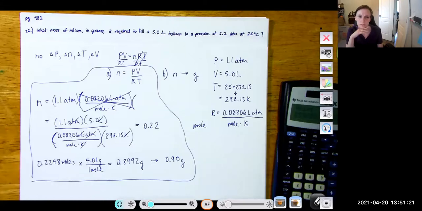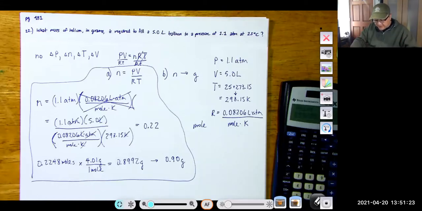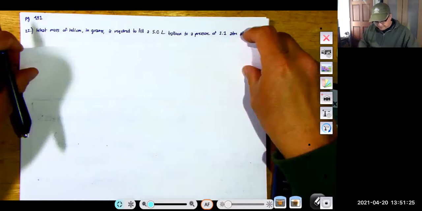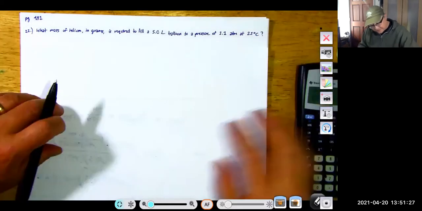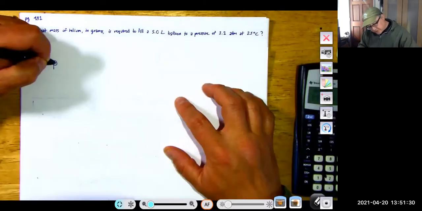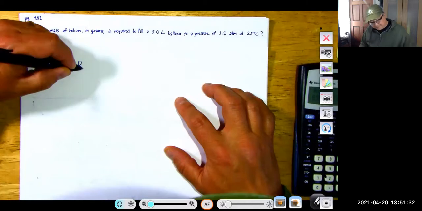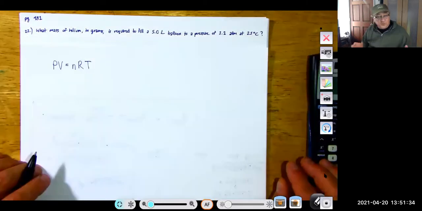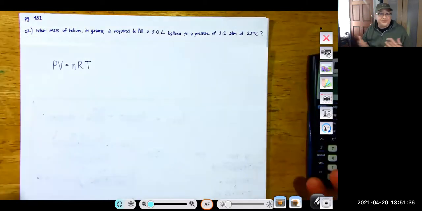Okay. Now, there is, I believe, another way to do this, and that's the following. So here's the ideal gas law, and that's when you don't use Tony's law, which is nothing changes, right?